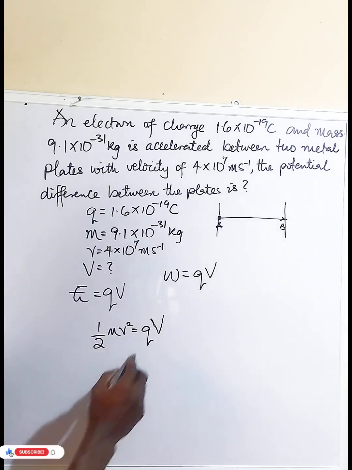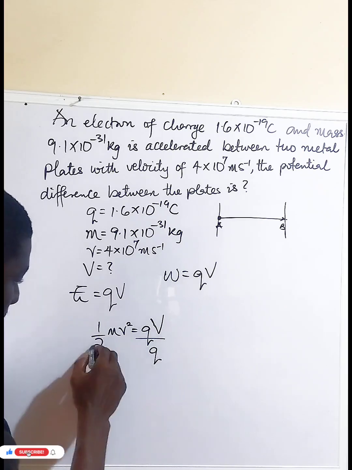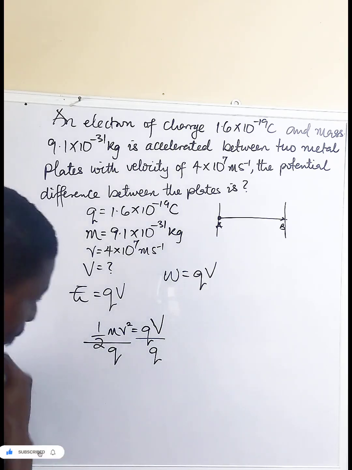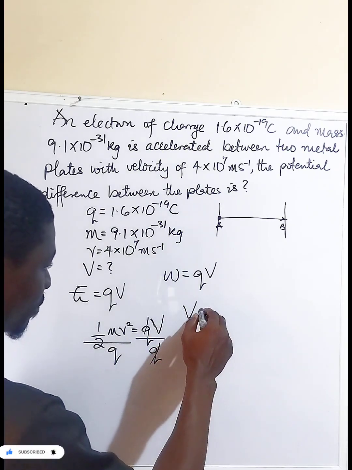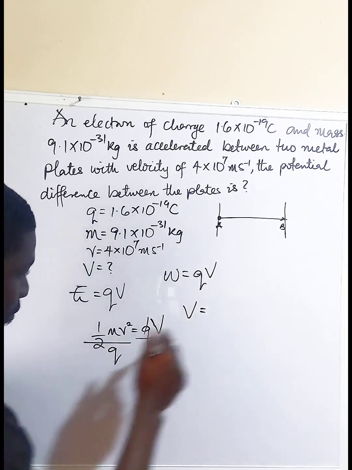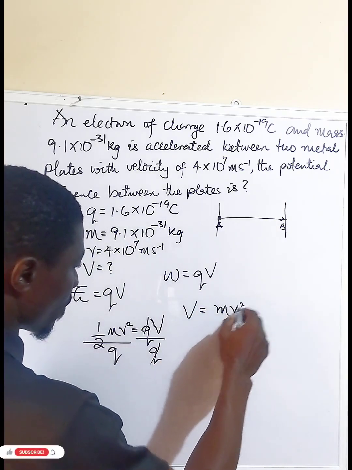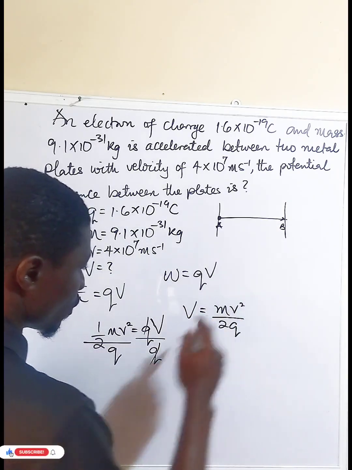So let us divide both sides by Q. Then our V, which is our potential difference, becomes mv squared all over 2q.